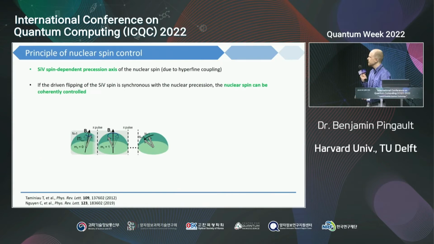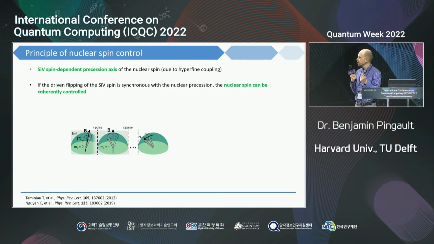So if the SiV can see the nuclear spin, the reverse is also true. The nuclear spin also feels what's happening to the SiV spin. You can think of it this way: the nuclear spin is precessing in an external magnetic field, and with the hyperfine coupling to the electronic spin of the SiV, the precession axis changes ever so slightly depending on the SiV spin state.